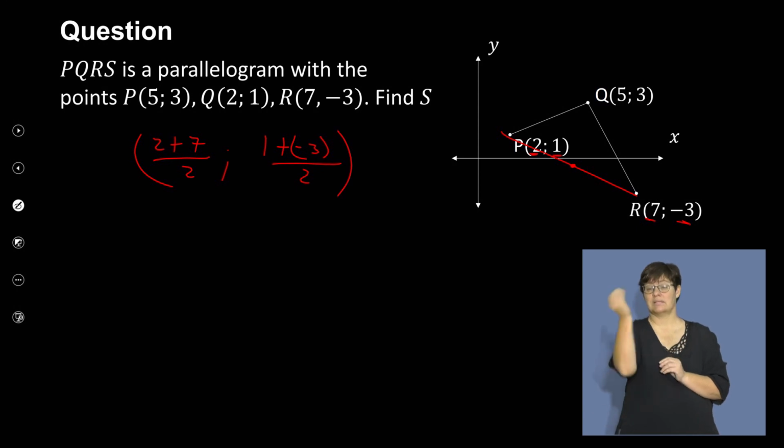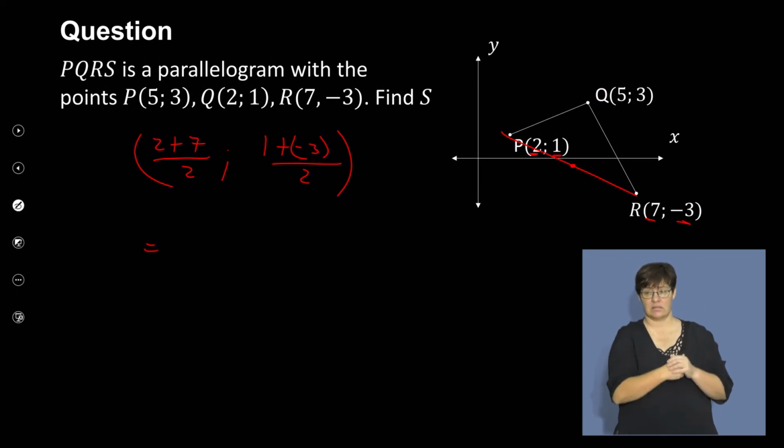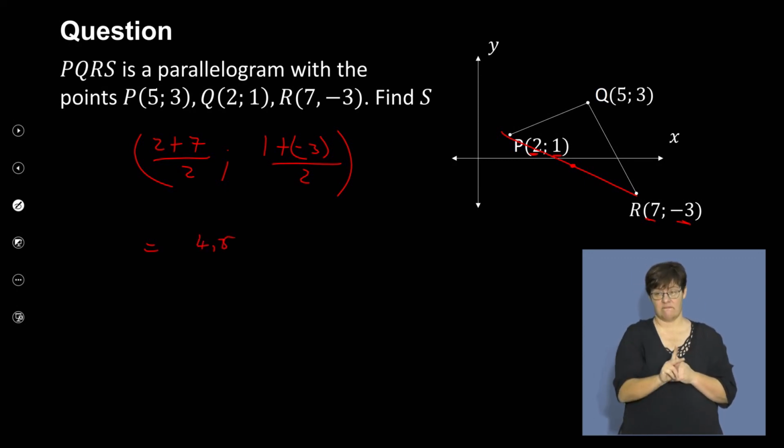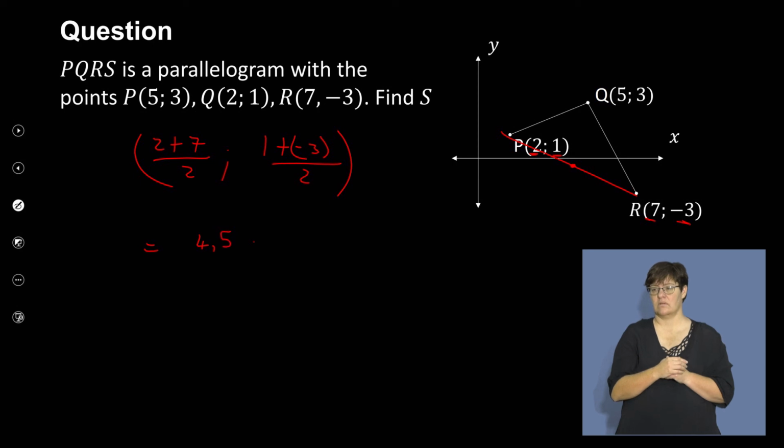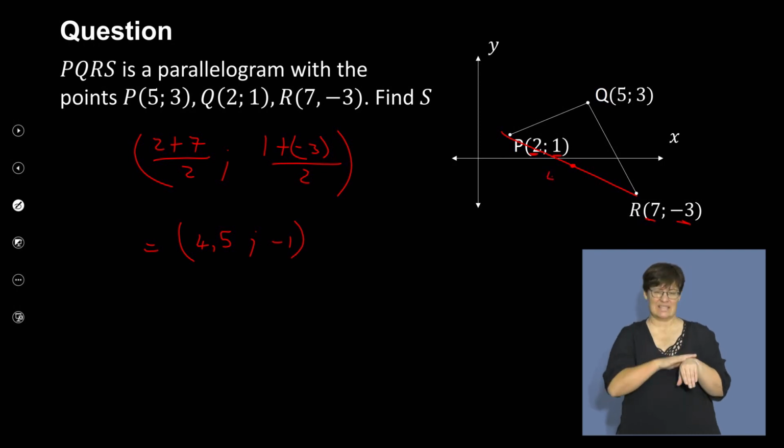Again, whenever we do substitution, let's make sure we do that in the bracket. If I put this into my calculator, I'm going to get 4.5. Oh, I didn't draw that 5 very nicely. I'm going to get 4.5, and my other coordinate ends up being minus 1. I've just written that down because we are running out of time. 4.5 and -1. All right.